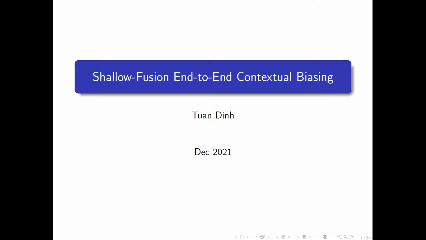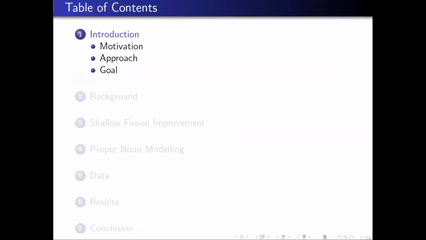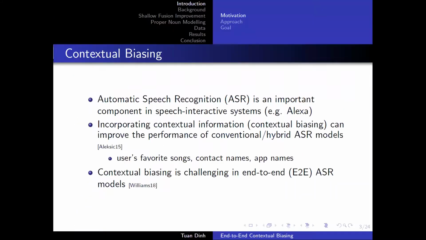Today I'll be talking about shallow fusion, end-to-end contextual biasing. Automatic speech recognition, ASR, is an important component in speech interactive systems, such as Alexa.